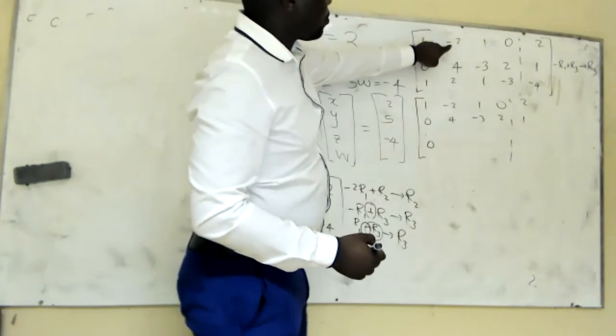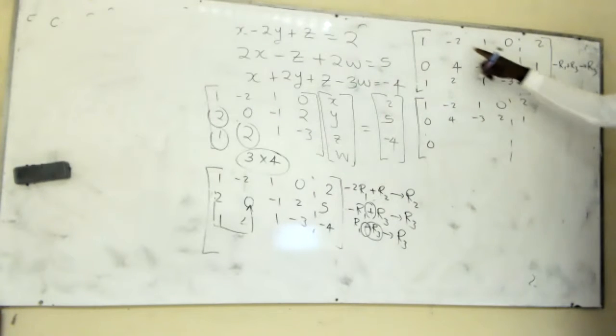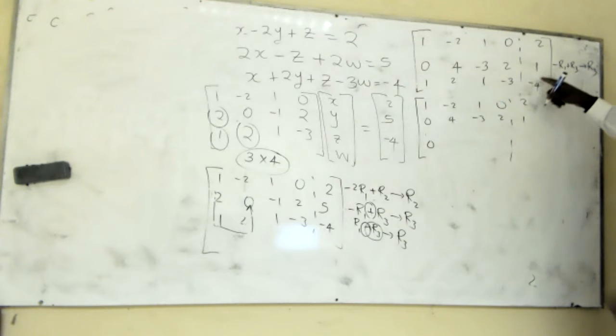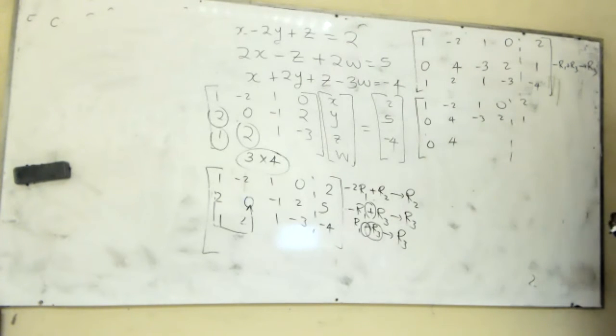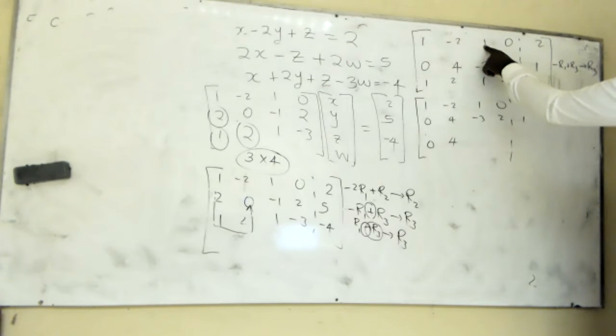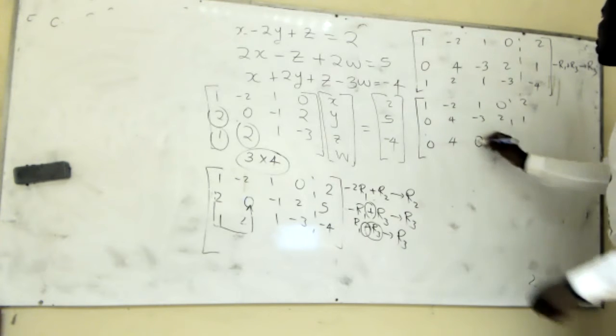And then here we have negative 1 into -2 is 2 plus 2, which gives us 4. And then -1 plus 1, which gives us a 0.